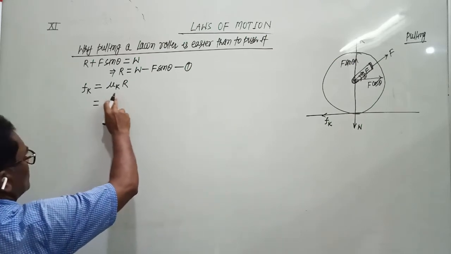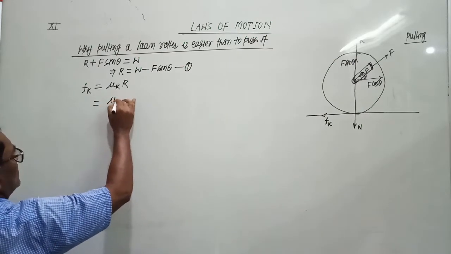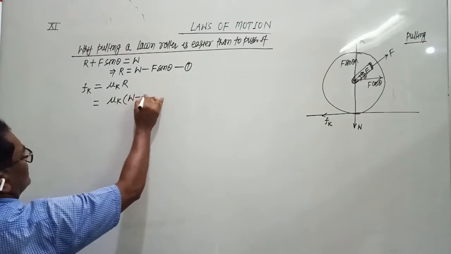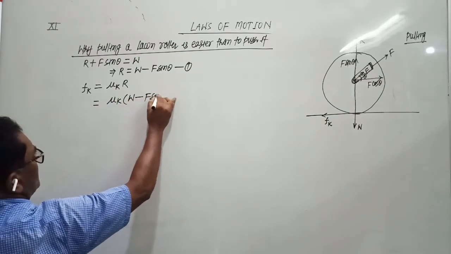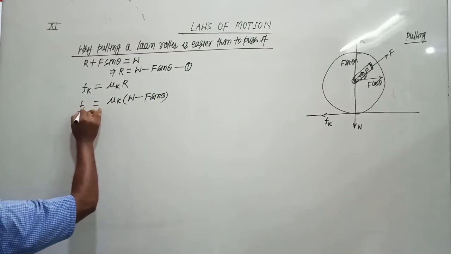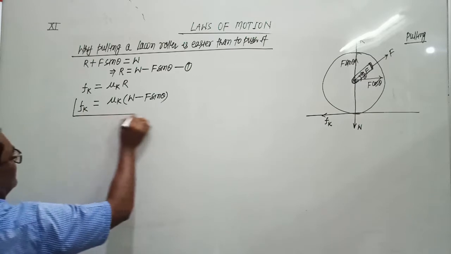So putting the value of R, we get mu k into W minus F sin theta. This is the force of kinetic friction.